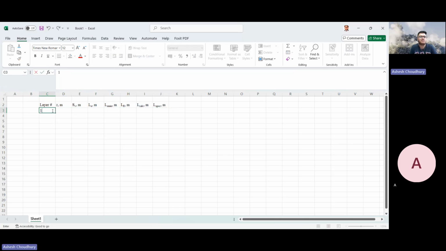The layer number 15, 14, like this up to layer number 1. And what is my depth?